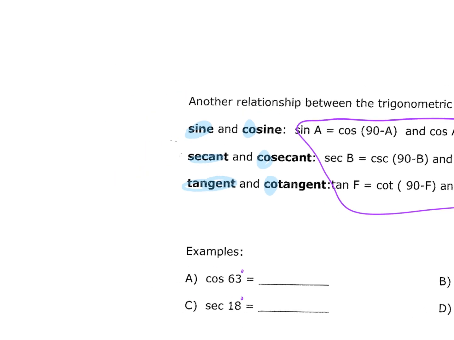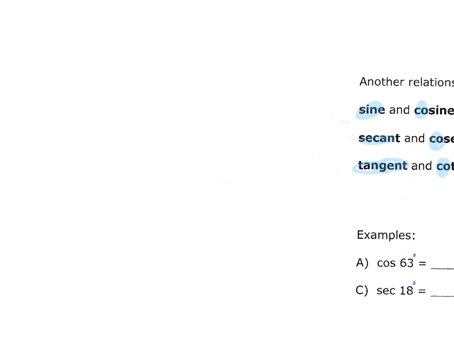All right, here's why this works. So do me a favor, grab your calculators. We're going to get to those here in just a minute, but I'm going to draw a triangle here, triangle ABC, right?